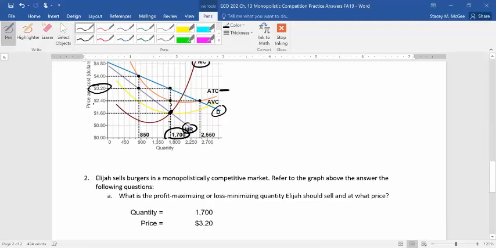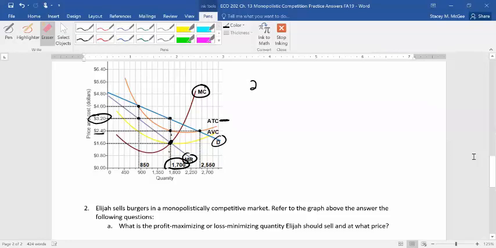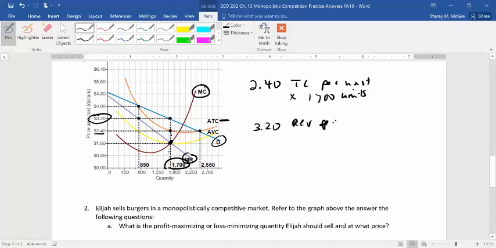So we go up, and it looks like his total cost is $2.40 a unit. $2.40 is his total cost per unit, and then you would take that times 1,700 units, and then his total revenue, he's selling them for $3.20. So $3.20 is the revenue per unit times 1,700 units. You could also do it this way.